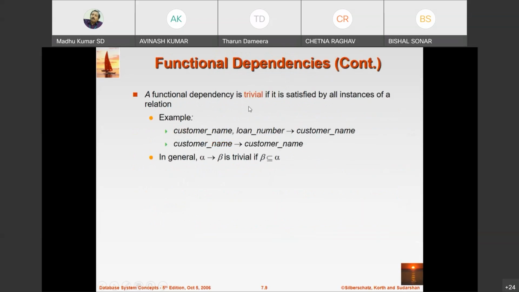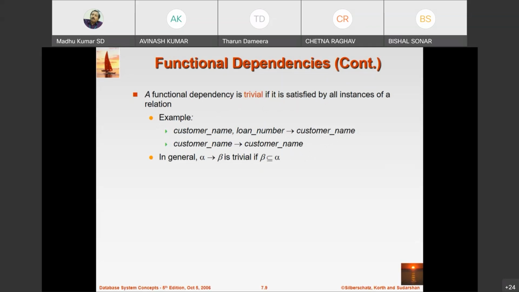You can see that a functional dependency is trivial if it is satisfied by all instances of a relation. So here, customer name, loan number determines customer name, and it implies that customer name determines customer name. It is a functional dependency whose right side is a subset of the left side, so it is called a trivial functional dependency.